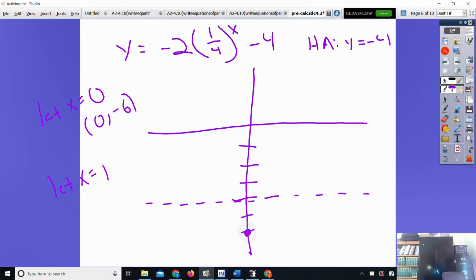Right there. How about if you let x be 1? That's a mixed number, it's -4.5, isn't it? Just go with it. -4.5. I like improper fractions too.